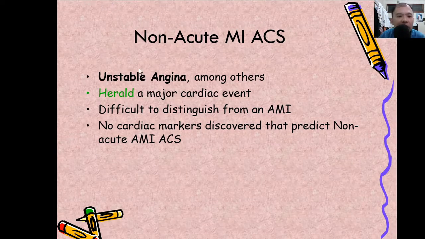However, in other conditions such as non-acute MI ACS, such as unstable angina or ventricular fibrillation, the markers which are used in detecting myocardial infarction may not play a good role.